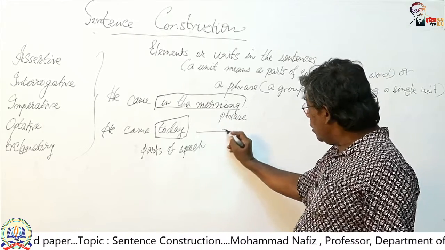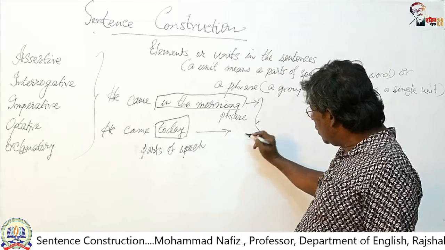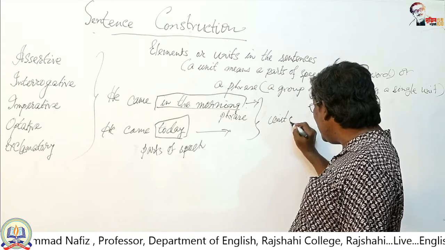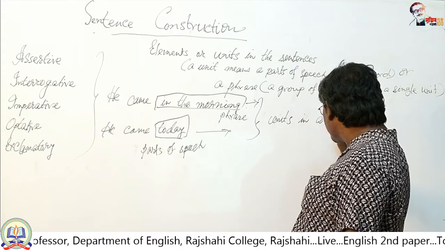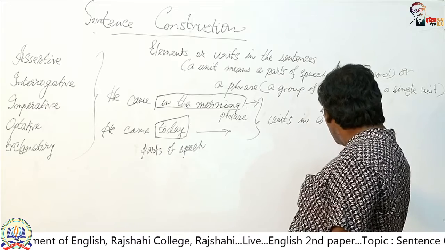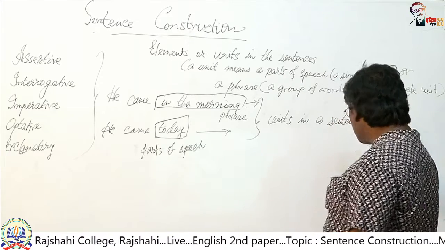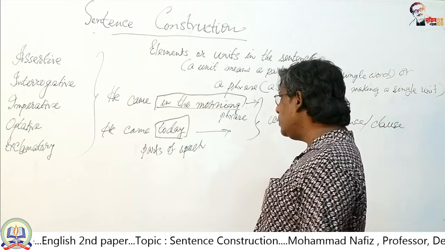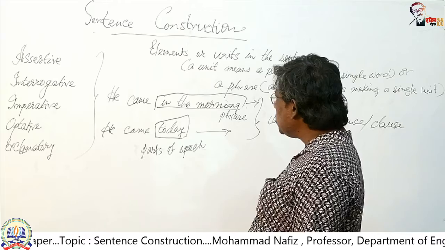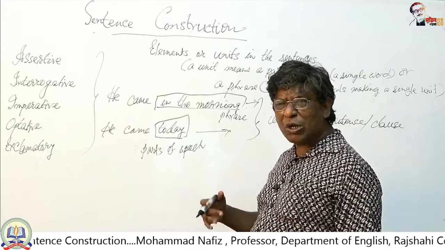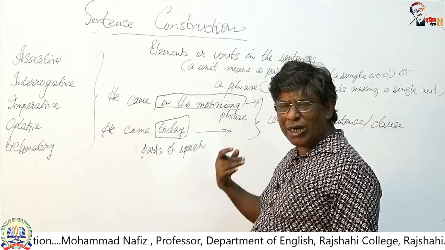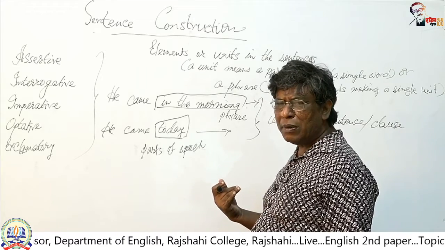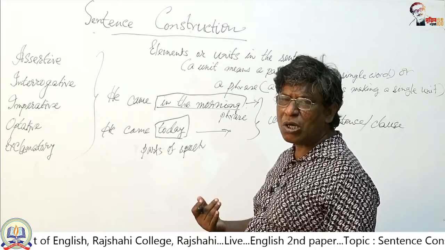Both are individual and independent units in a sentence or in a clause. Well, my object is to show you in which pattern of sentence what unit or element is used at the proper position or place in that clause or sentence.